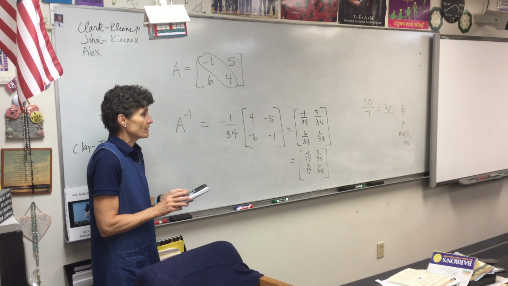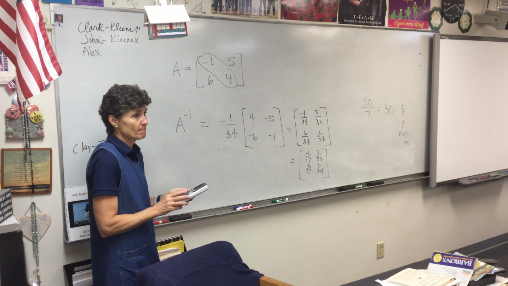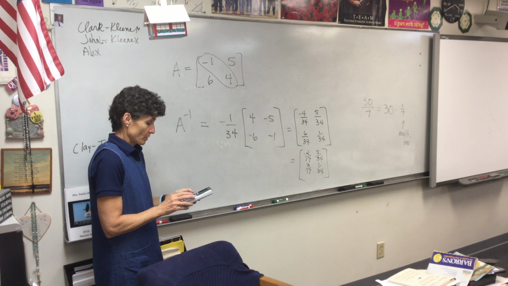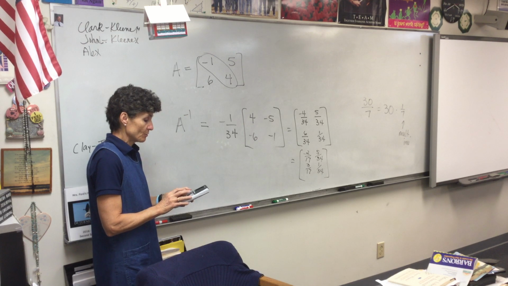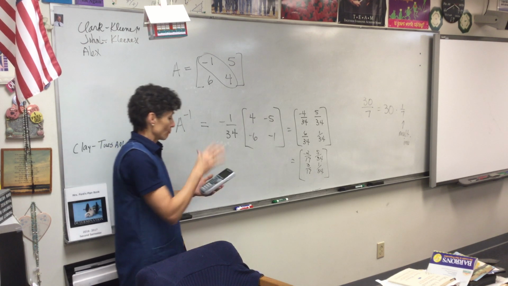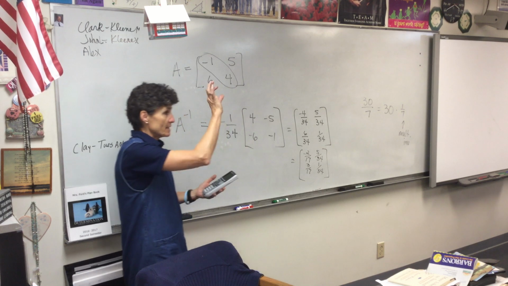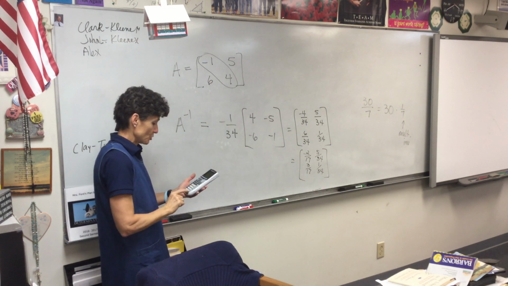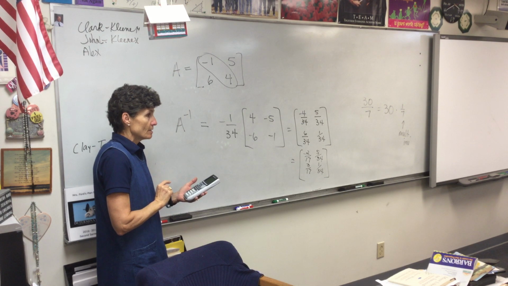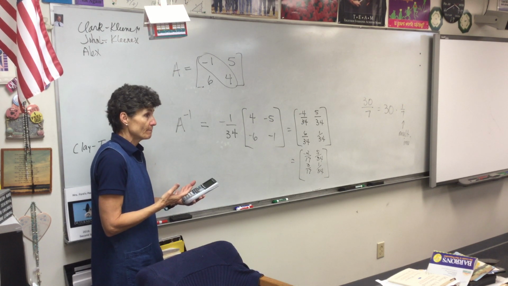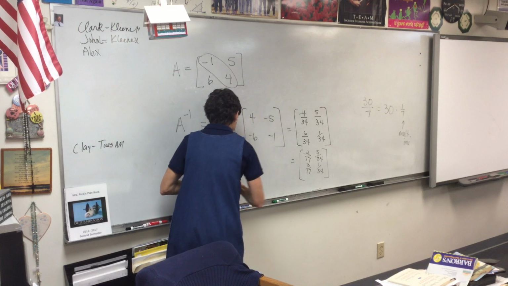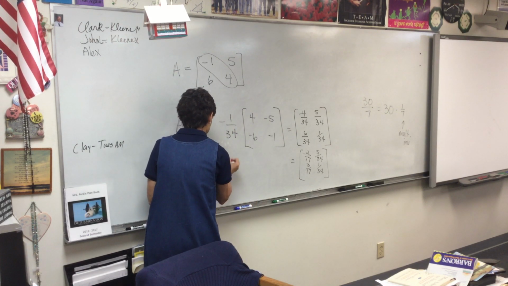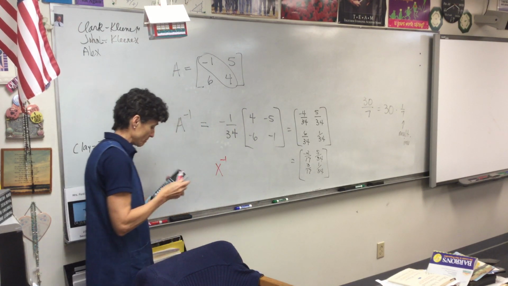All right, now, here's what I want you to do. Everybody got the matrix in? So we're going to go back into our matrix menu. And right there, when it comes up, names is highlighted, number 1 is highlighted. That's the matrix you want. Just press enter. So did A come up on your screen? Now, press this button on the calculator because that's your inverse button.